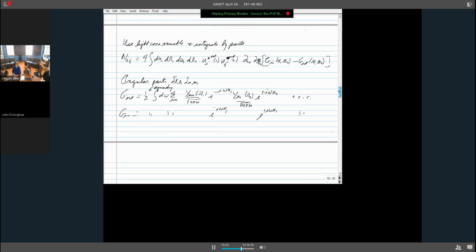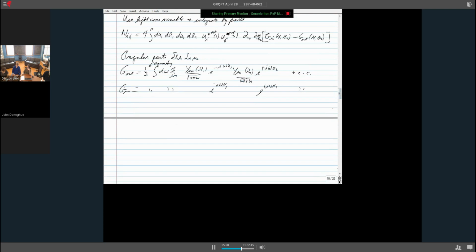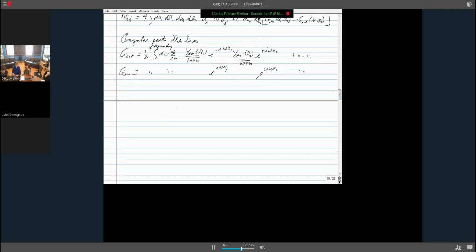Integral d omega, sum over L and M. I have YLM of omega 1 over pi omega e to the minus I omega U1, YLM omega 2 e to the plus I omega U2, plus complex conjugate.